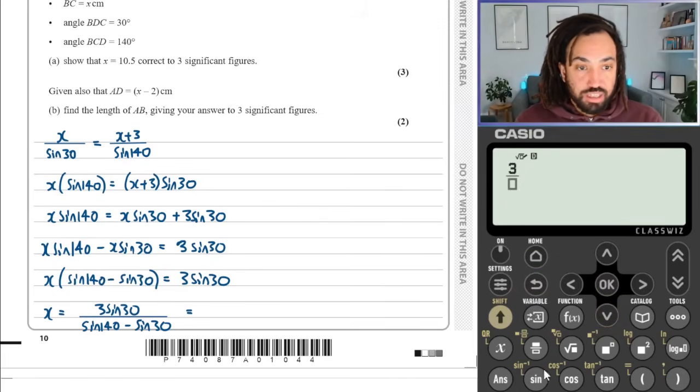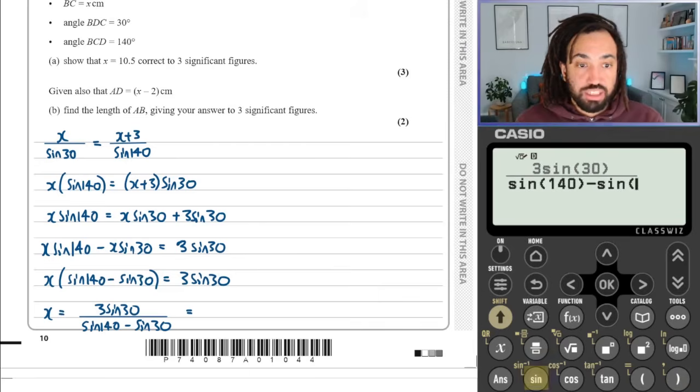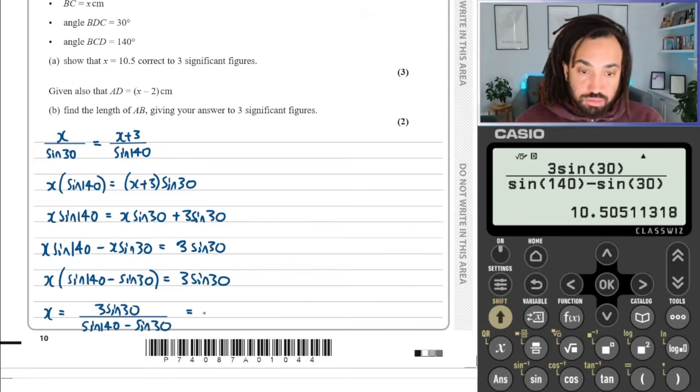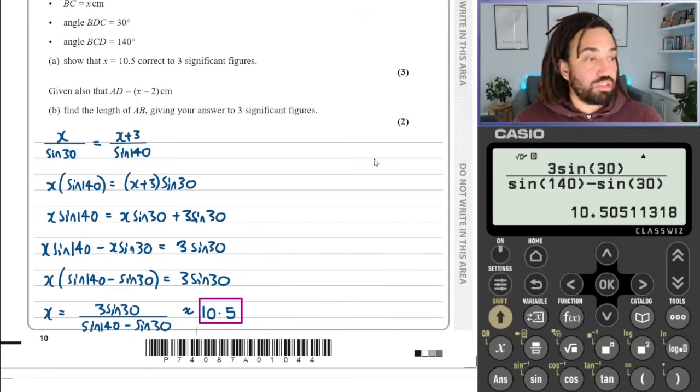Do 3 sine 30, over sine 140 minus sine 30, and that just leaves the working nice and neat, no horrible decimals, and there's our answer. So we can say that is equal to 10.5. In fact, we can say that's approximately equal to 10.5. And that's exactly what we were told to show.